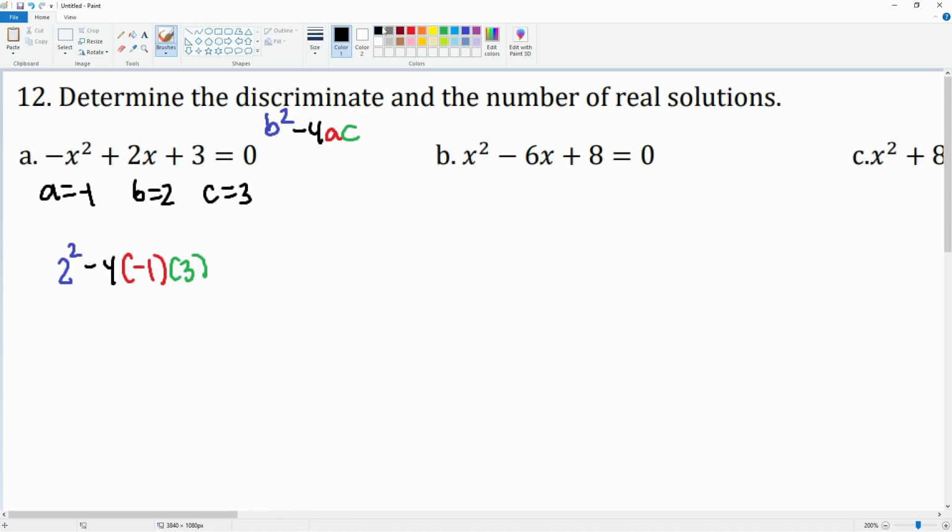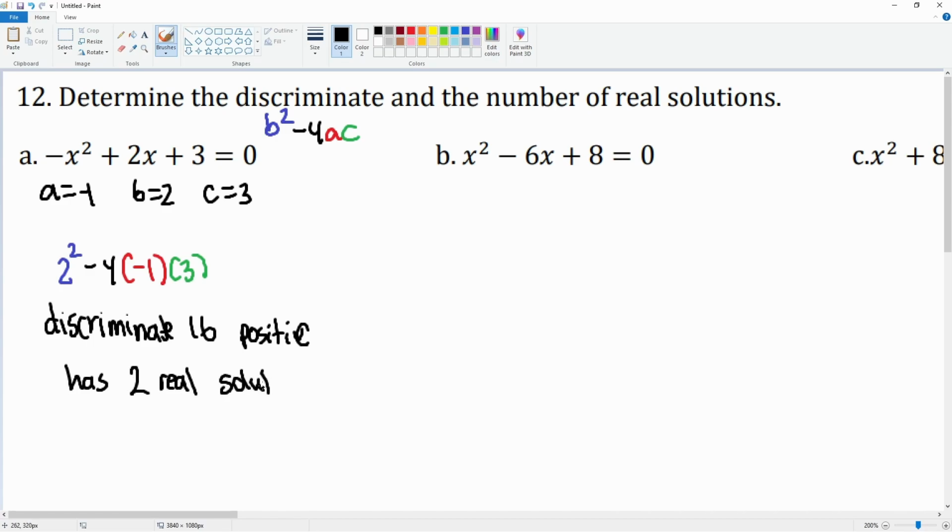That got me 16. So the discriminant here is 16. The fact that it's 16, we notice that this is positive. The fact that it's positive, we can say it has 2 real solutions.